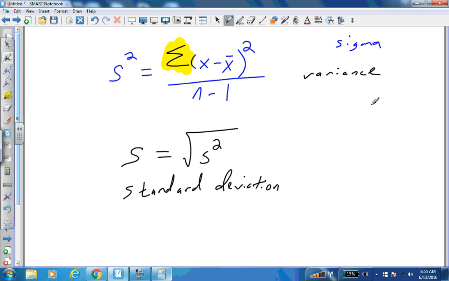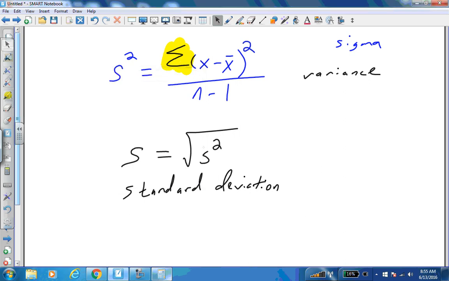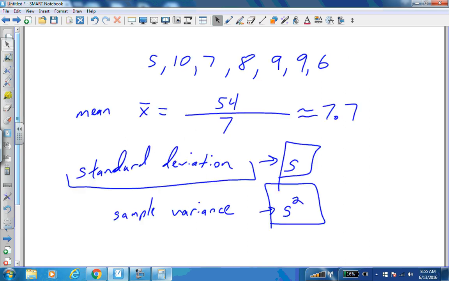Now, this formula is okay to use, but if you look back at our mean, notice our mean has a long list of decimals that eventually gets into a pattern. So every time we calculate the deviation, we take a data value minus the mean. Notice each of those is going to have some error. If we do 5 minus 7.7, well, our mean was not exactly 7.7.